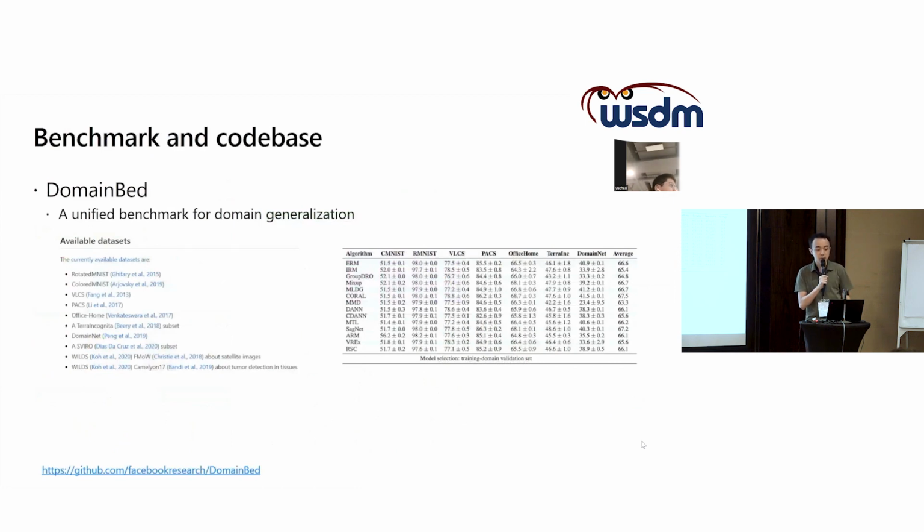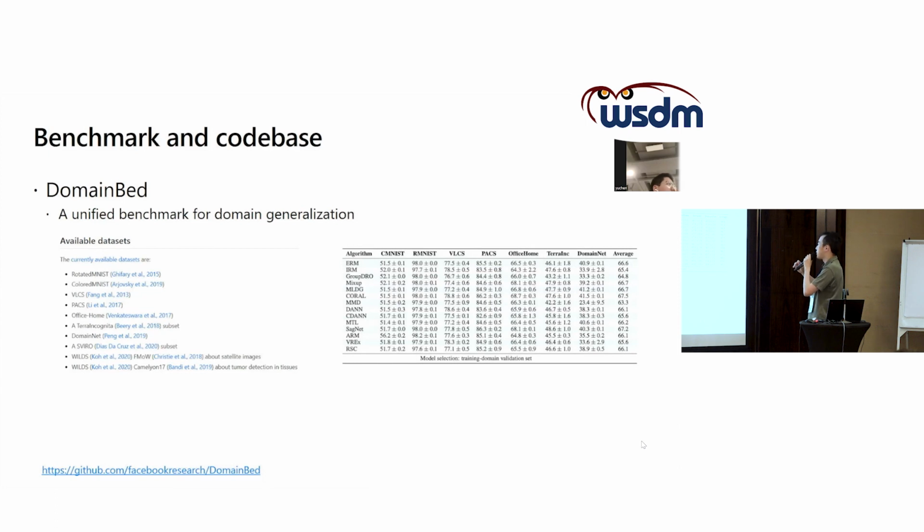Here is the one I want to introduce, which is DomainBed. DomainBed is perhaps one of the most widely used datasets in this research community. It consists of many datasets, coming from computer vision, very toy ones but still widely used, and also some other challenging datasets. Here is the figure of the datasets we use, as well as the algorithms.